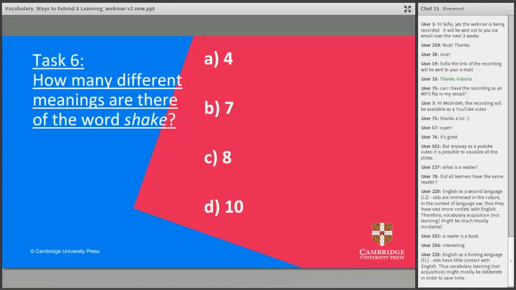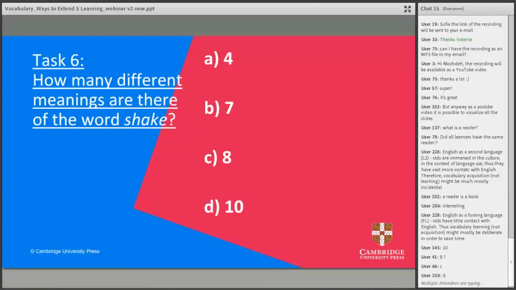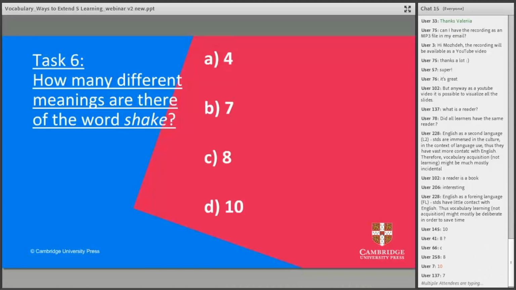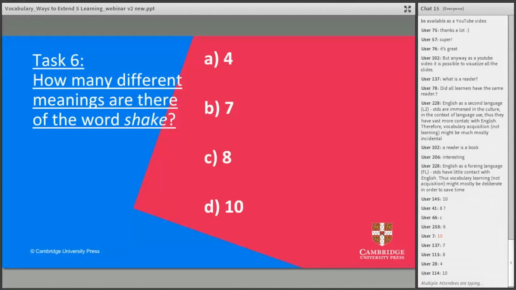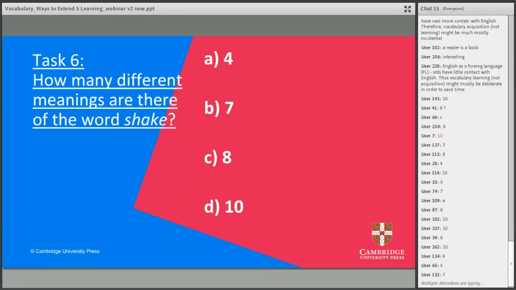So here's another little quiz for you to think about. How many different meanings do you think there are of the word shake? Do you think there are 4 different meanings, 7, 8, or 10? Just think for a moment, maybe think of a few examples and have a guess. How many meanings do you think there are for the word shake in English?